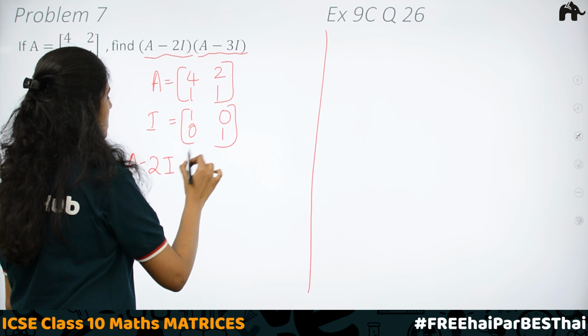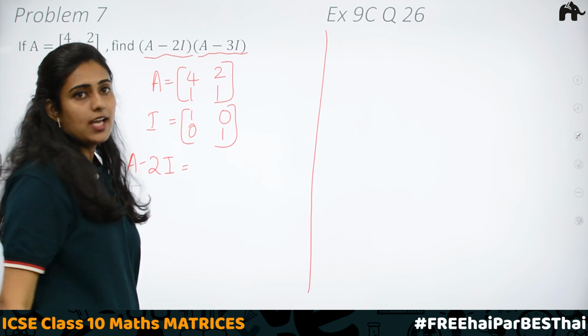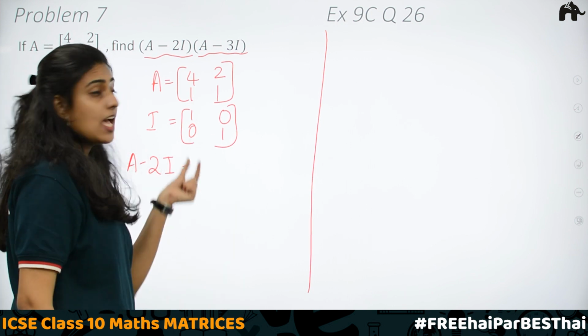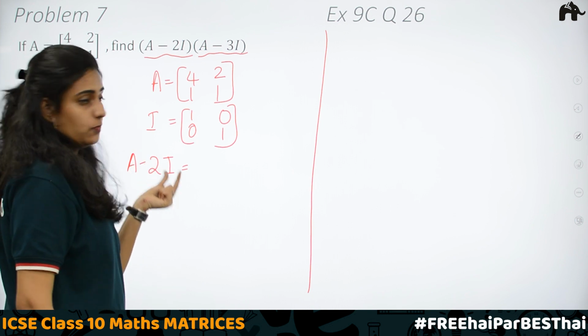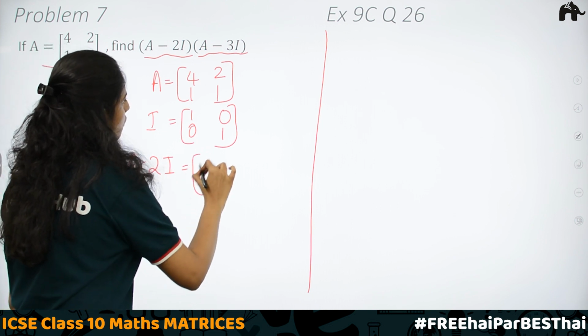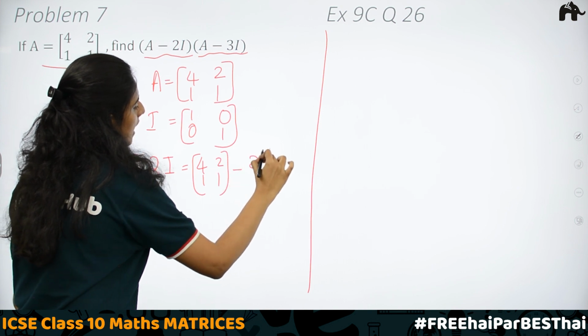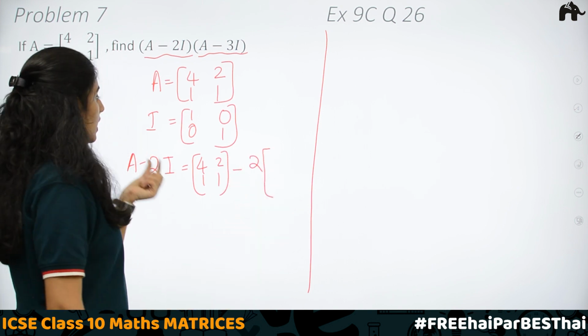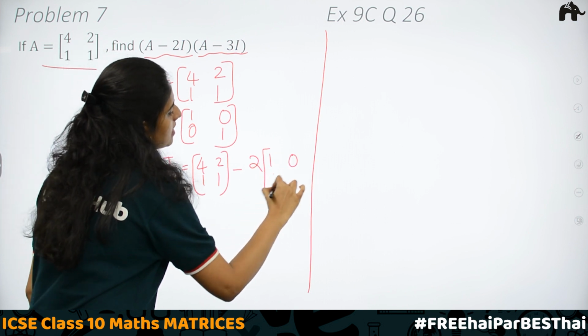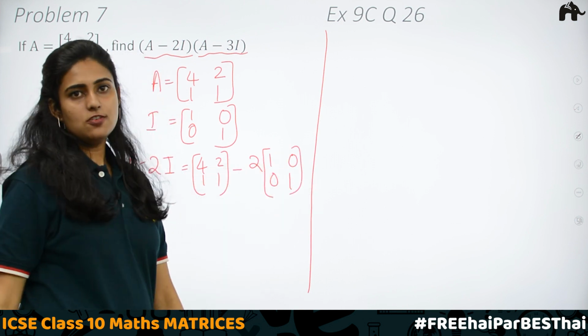What is A minus 2I? A minus 2I is equal to matrix A minus I into 2. That is 4, 2, 1, 1 minus scalar quantity 2 into identity matrix 1, 0, 0, 1.